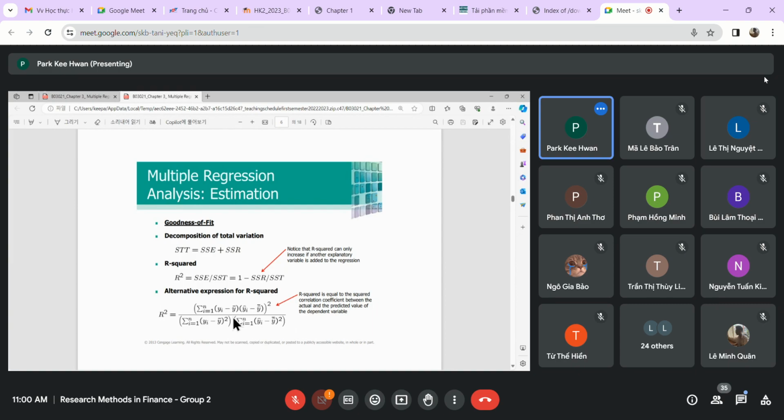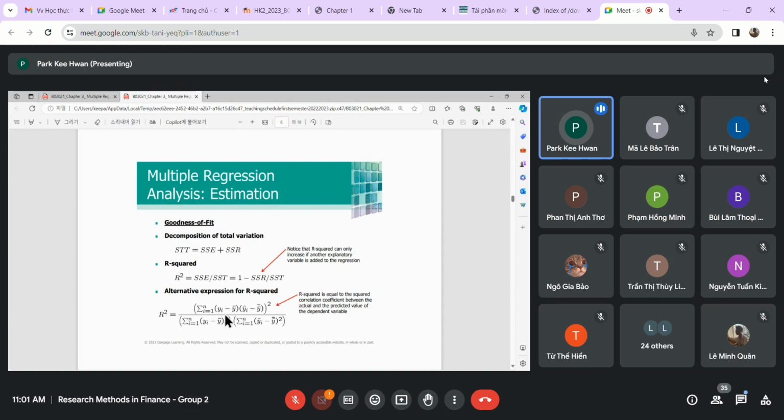If this correlation is 1, then y and y hat move perfectly together, so you can predict 100%. In other words, same as the explained part, your regression explains 100%.